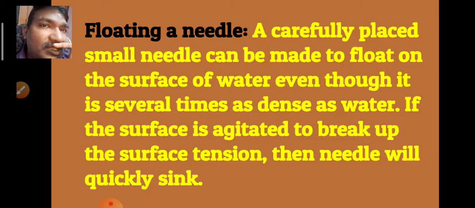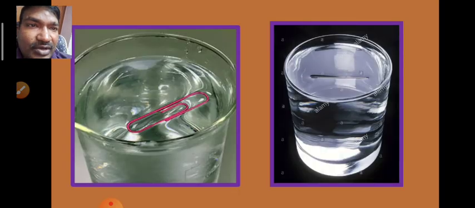So in order to make the needle float on the water, first of all we have to keep a filter paper, and we have to put the needle on that one. Filter paper soaks in the water and goes into the water, but the needle floats on the water only. This is due to the surface phenomenon, surface tension or surface energy only.